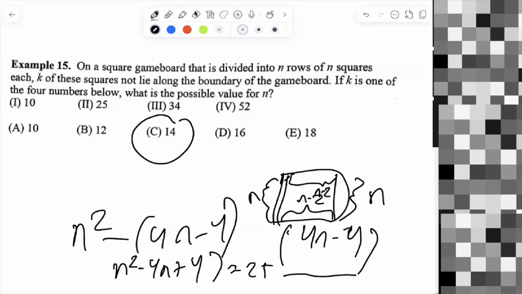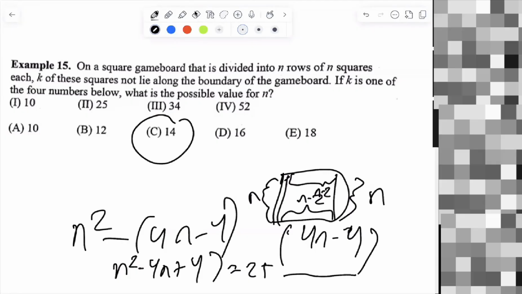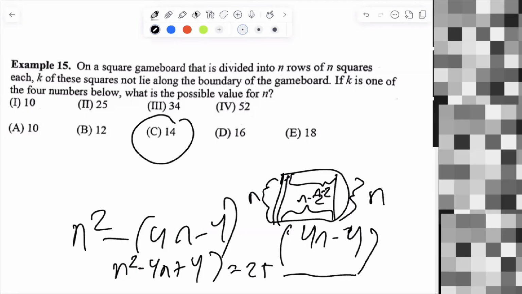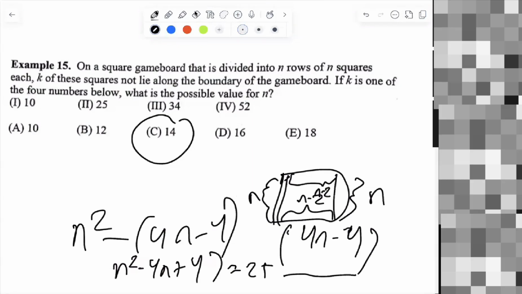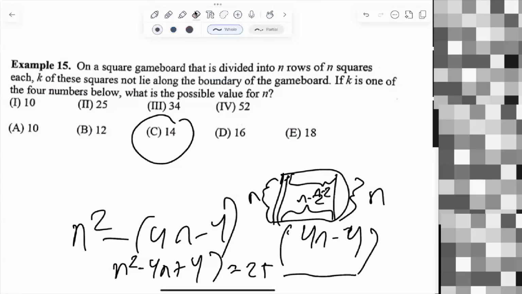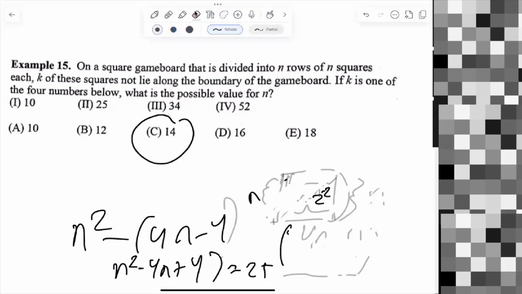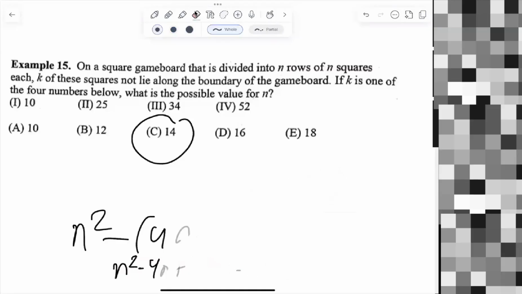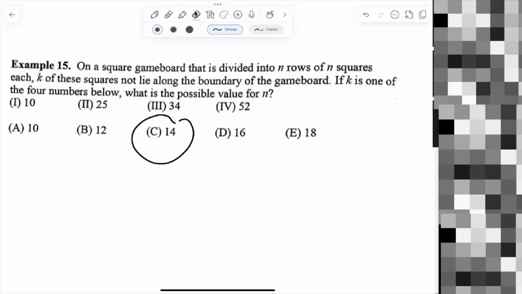We can let this be 25, or whatever number we want. Alright? The second way is you can do algebraic manipulation, or the second way is just to try out every single value.